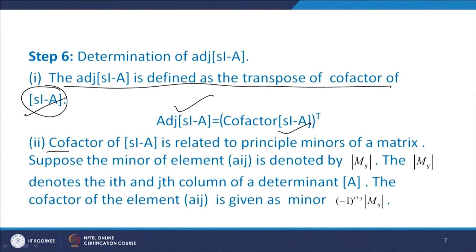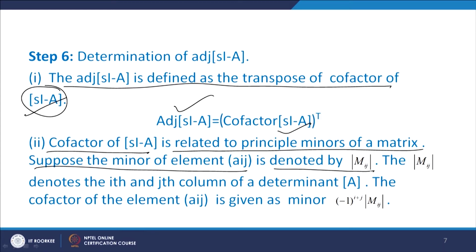So, here the steps have been written. The cofactor of (sI minus A) is related to the principal minors of a matrix. Suppose the minor of element a_ij is denoted by m_ij, i varying from 1 to n, j varying from 1 to n. So, m_ij denotes the determinant with the ith row and jth column removed.